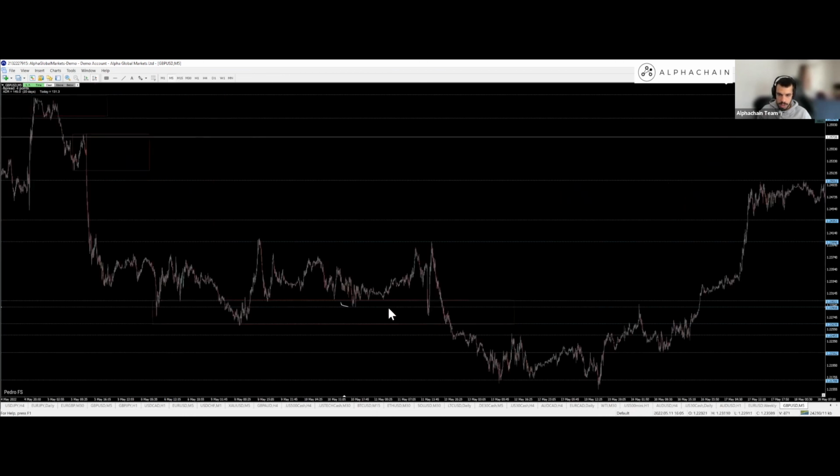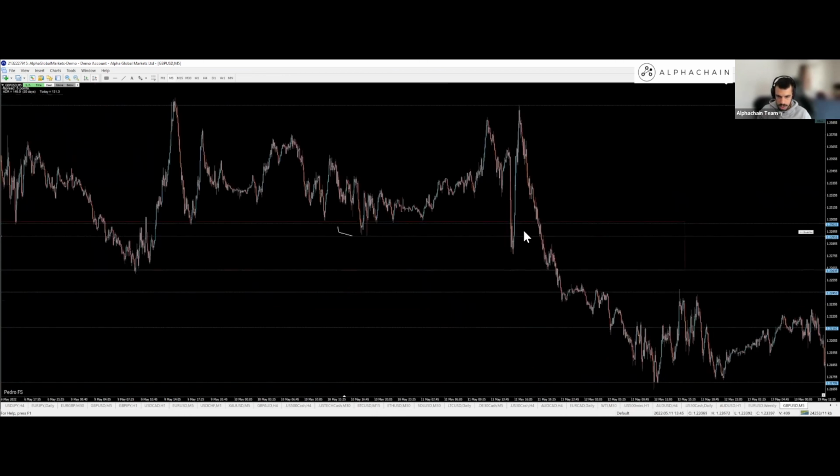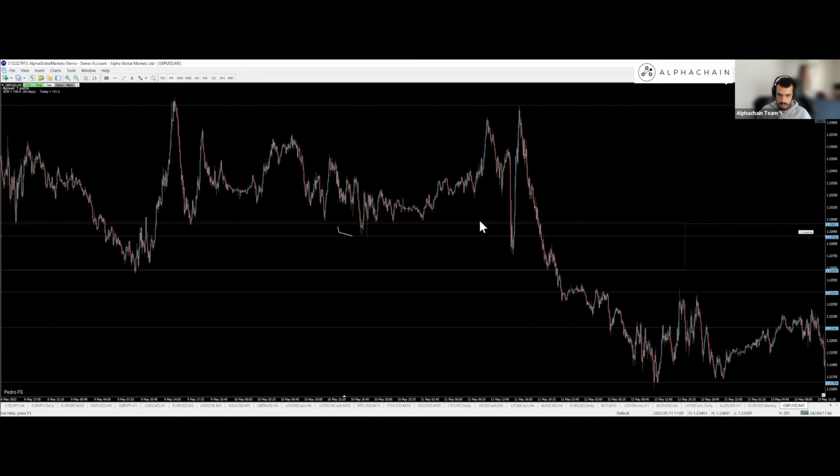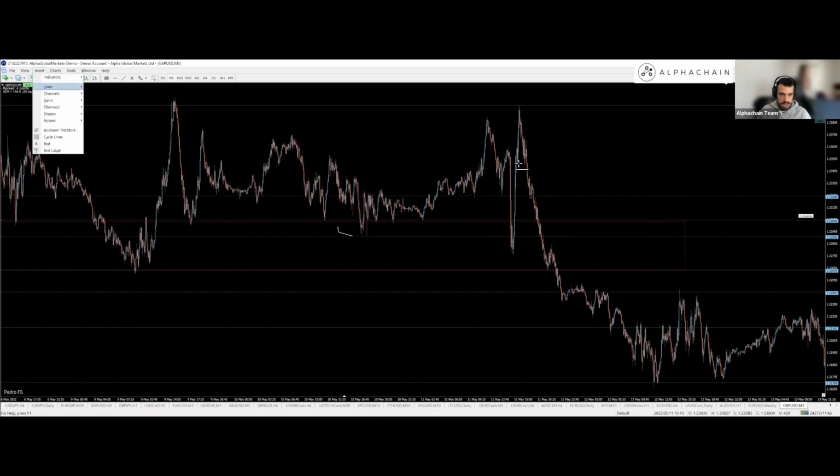If you want to be more specific, maybe you can zoom in, go to a lower time frame, and try to find those levels. For example, now we can see 1, 2, 3 touches. Maybe this level is going to be important, but there's nothing much in here. You have this low again, and this one creates this move up.